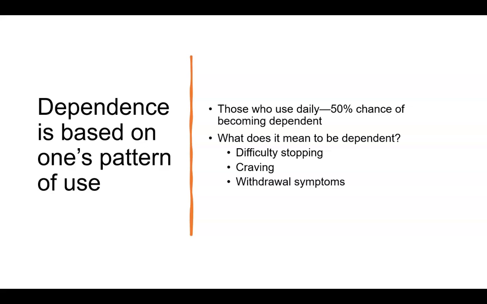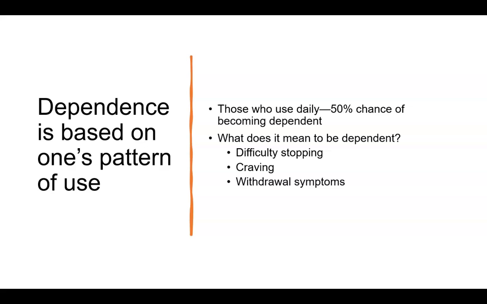If you don't use it all that often, you're not necessarily going to develop a dependence. People who progress to daily use have about a 50% chance of becoming dependent. And overall, 10% of individuals who ever used cannabis will eventually become dependent.